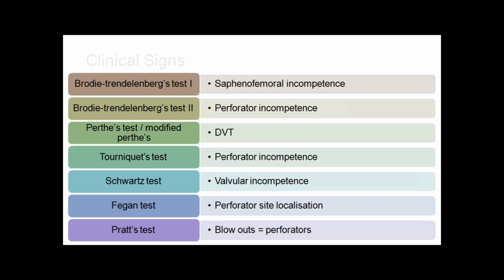These are the clinical signs which we elicit while examining varicose veins. The main important one is the Brodie-Trendelenburg test 1 and 2. So what is 1 and what is 2?